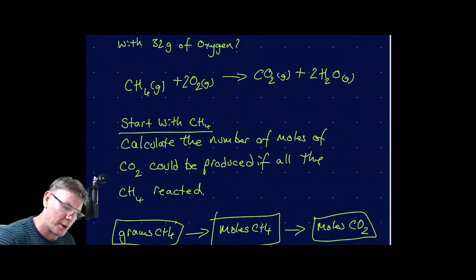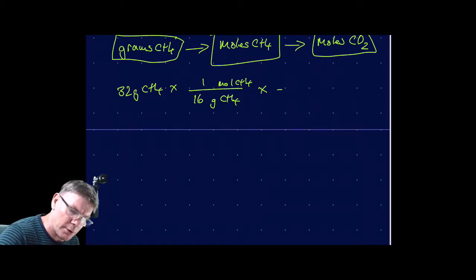Look at the balanced equation, we see that 1 mole of methane will produce just 1 mole of CO2. So we'll put 1 mole CO2 over 1 mole CH4. I'll just tidy up that O there.